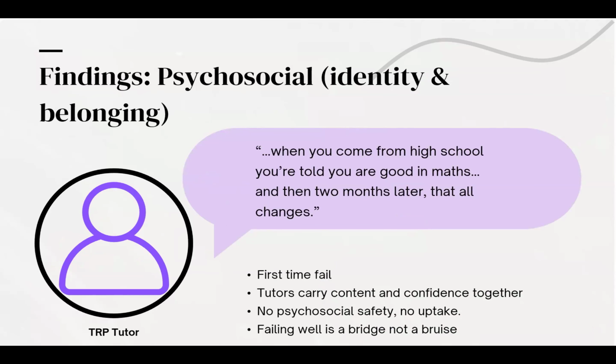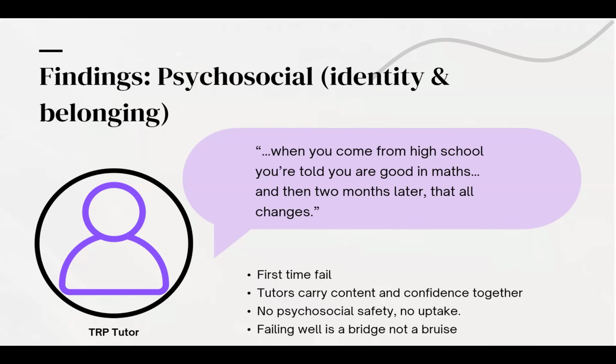Okay. And then, none of this is going to work if the person behind the error is in free fall. So one has to think about psychosocial identity and belonging. One has to recognize that this is a first-time fail and that these students are dealing with a lot of other issues that we need to address before we push the content.